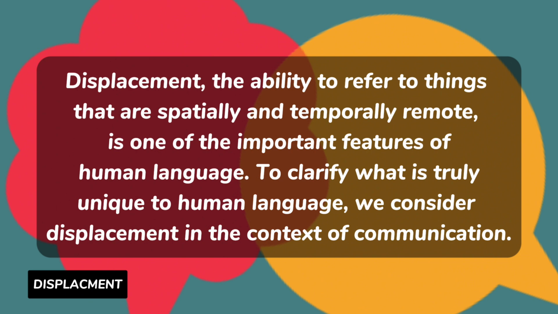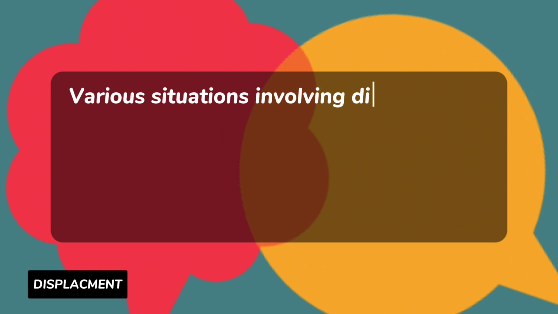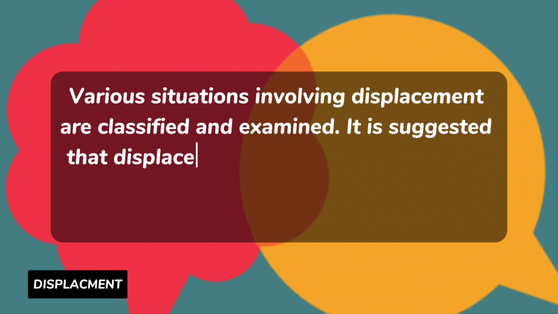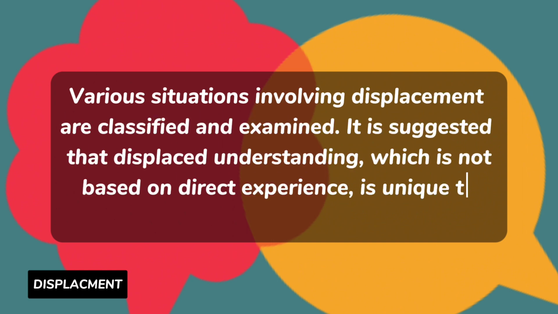To clarify what is truly unique to human language, we consider displacement in the context of communication. Various situations involving displacement are classified and examined. It is suggested that displaced understanding, which is not based on direct experience, is unique to human beings.